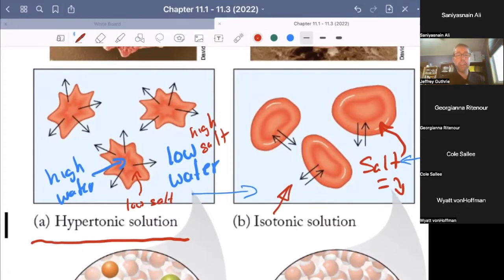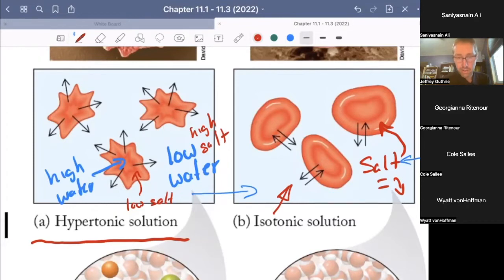If the salt can't get inside the cell, there's no way to make the salt more concentrated in the cell so it can match the high salt concentration on the outside of the cell. So the water has to move out of the cell to dilute all the water that's around it so that it can move towards a situation where we have equal concentrations of salt both inside and outside.